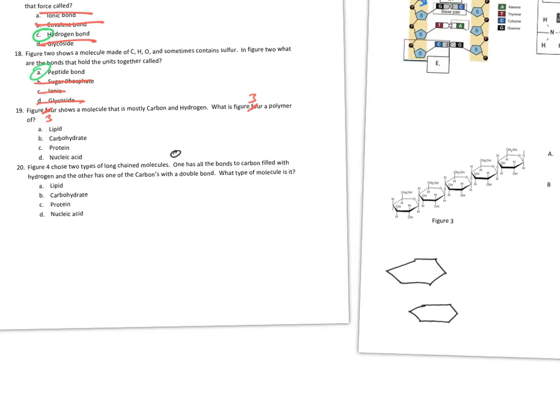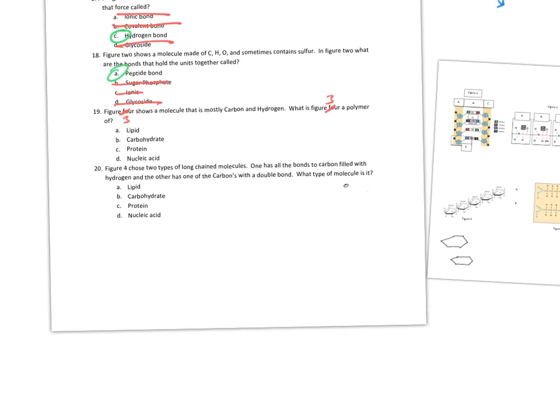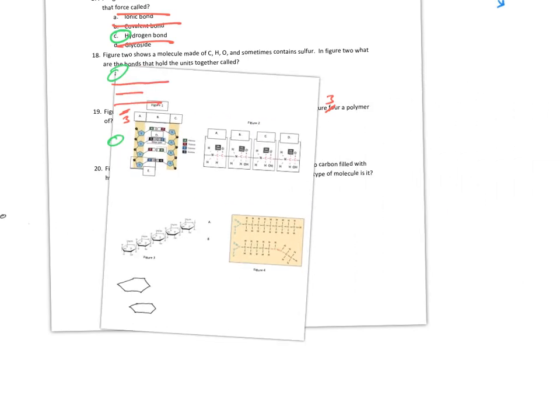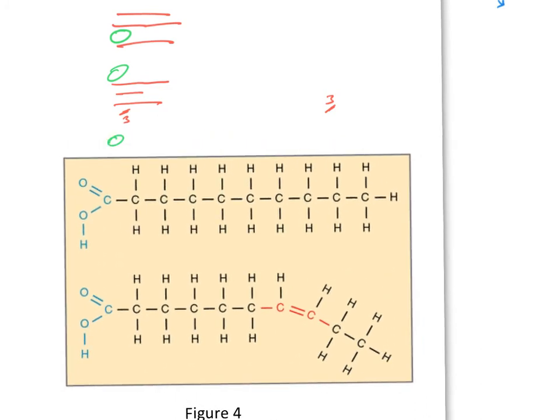All right, so the next thing is, oops, I circled it. Let me go ahead and do that again. The next one asks you for figure 4, and it's asking you what it is. Well, figure 4 is a long chain of mostly what? Carbon and hydrogen. A long chain of mostly carbon and hydrogen.